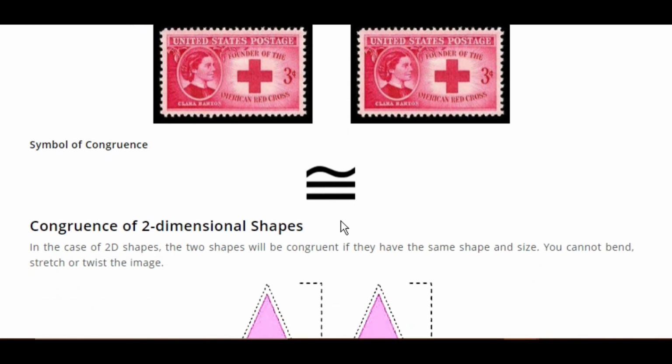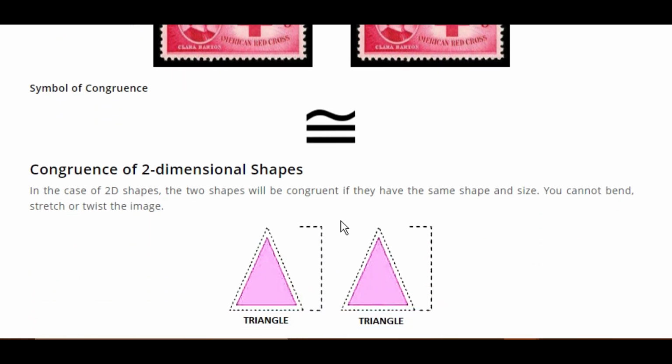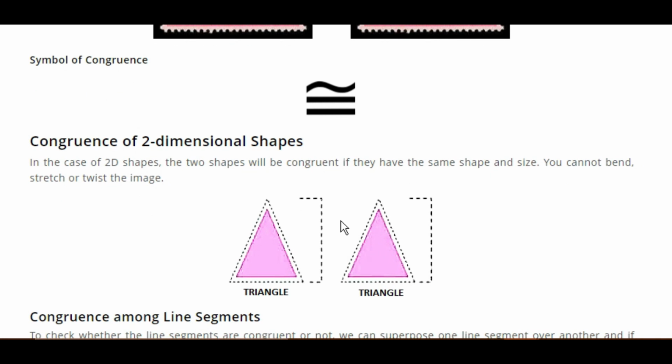Congruence of 2D shapes. 2D shapes means two-dimensional shapes. How can you say a triangle is congruent? The first thing, their base should be equal. What is base?